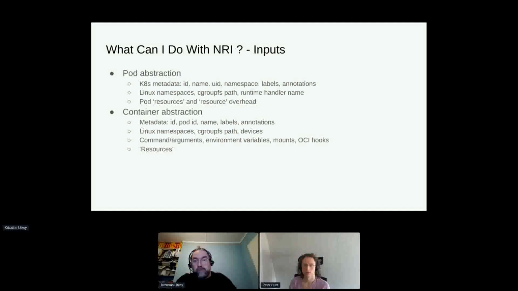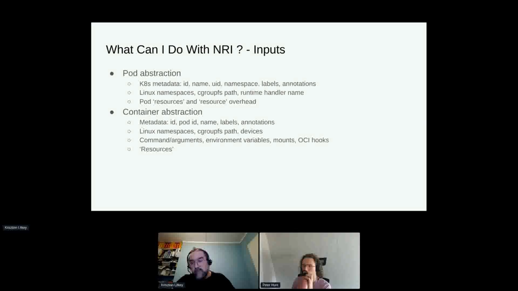So, inputs. For every lifecycle event, you get a bunch of data about the pod or container that the event is related to. You can use this input to decide how your plugin is going to respond to the event, if it needs to respond at all. For pods, you get pod ID, name, UID, namespace, labels, annotations.